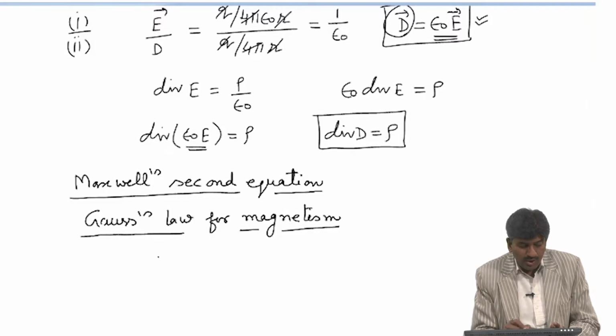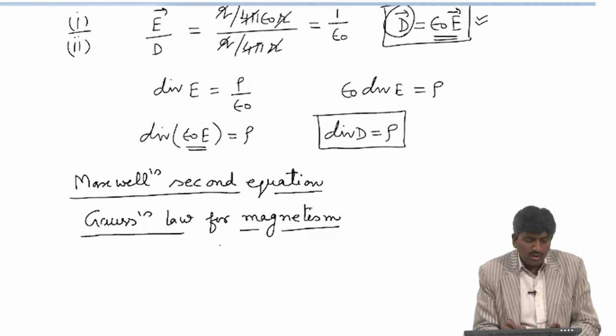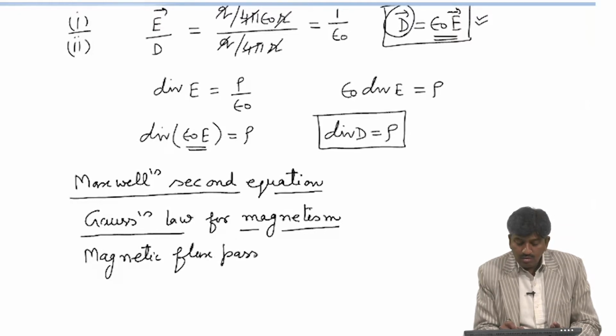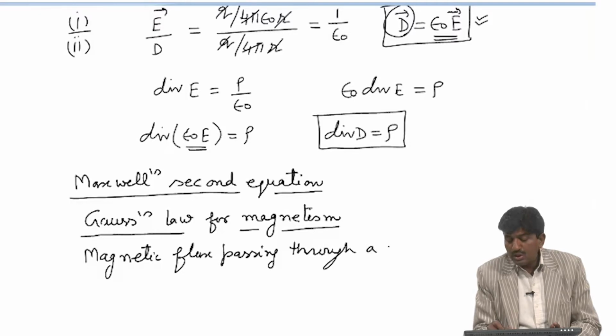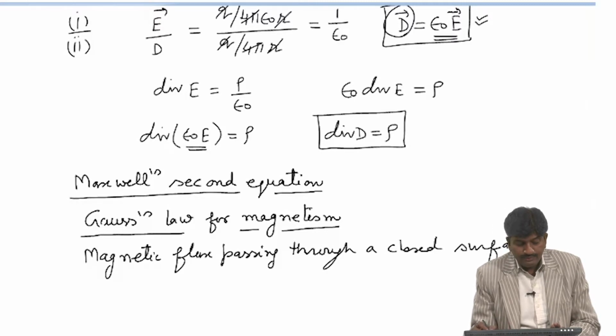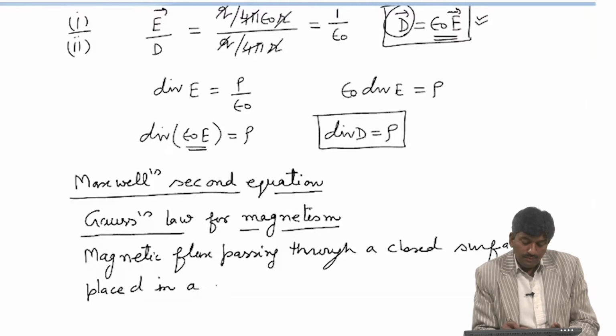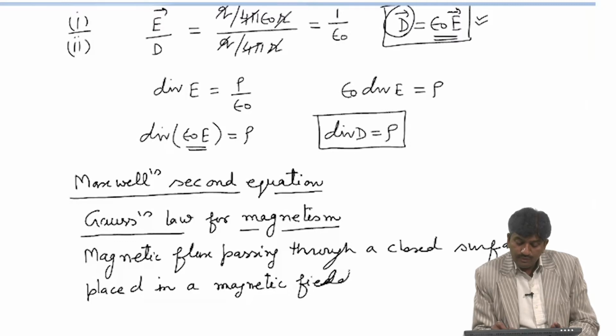Gauss law for magnetism. The statement of this law is: the magnetic flux passing through a closed surface placed in a magnetic field is equal to 0.